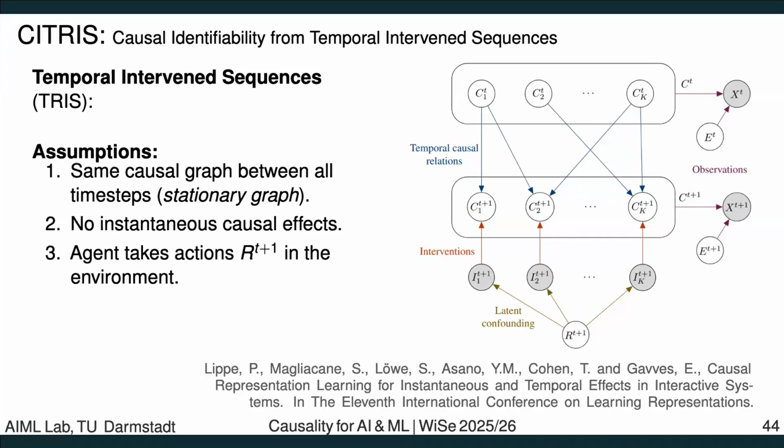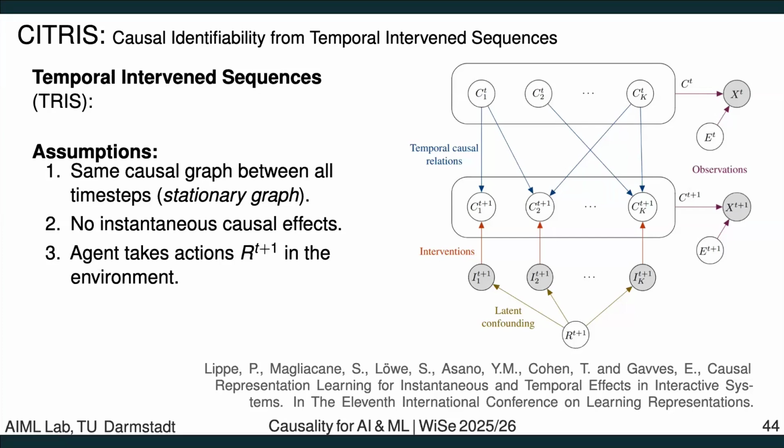And then again, in the end, we get some observation. They name the setting temporal intervened sequences. And the assumption is that between every time step, the latent causal graph stays the same. So it's a stationary graph.